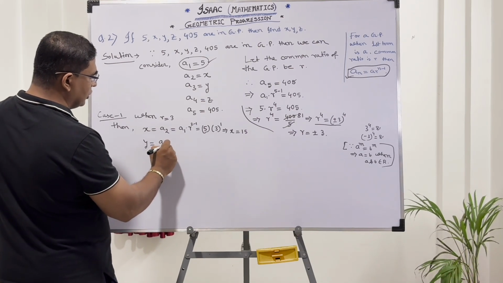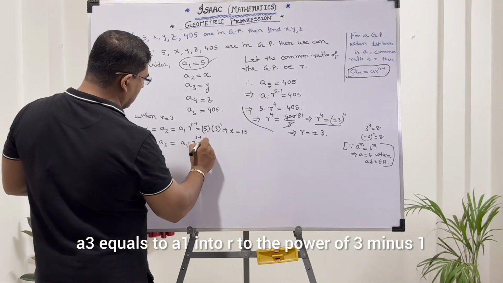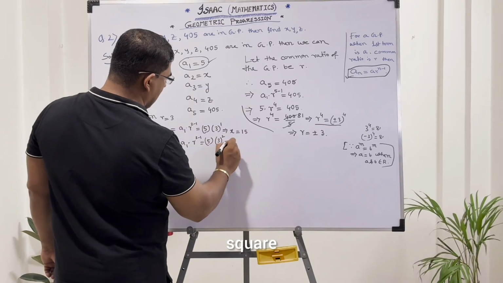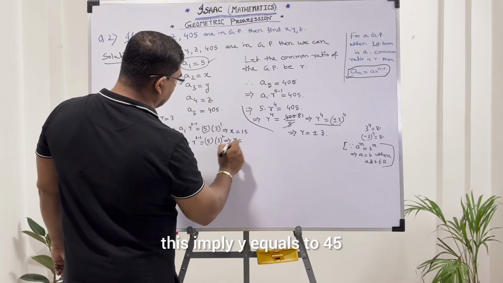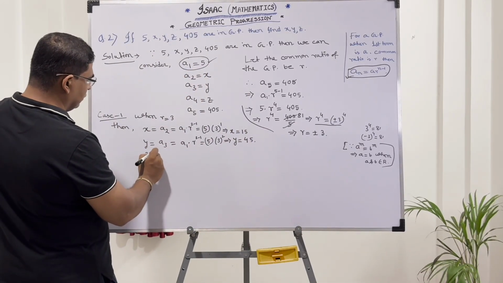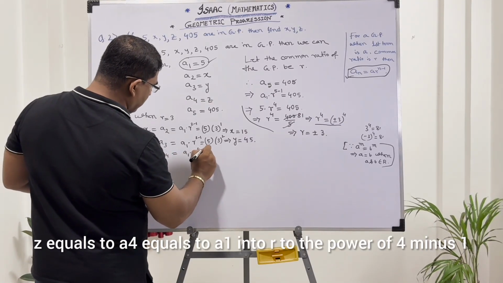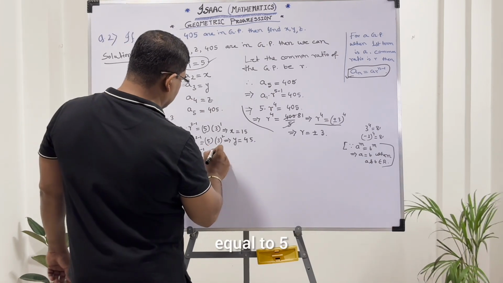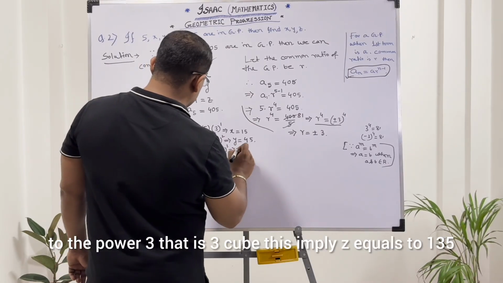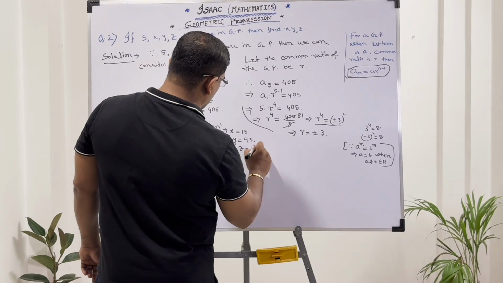Y equals to A3 equals to A1 into R to the power of 3 minus 1 equal to 5 into 3 square. This implies Y equals to 5 nines, 45. Z equals to A4 equals to A1 into R to the power of 4 minus 1 equal to 5 into 3 to the power 3, that is 3 cube. This implies Z equals to 135.